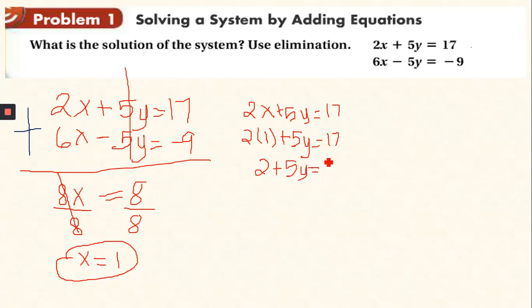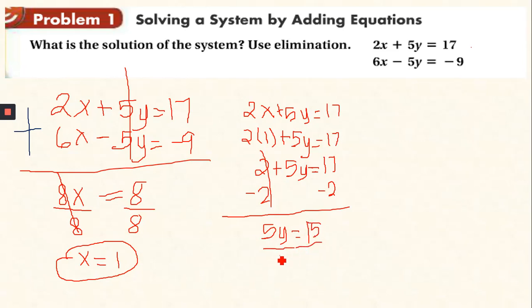Okay? Get the opposite of positive 2, and that is negative 2. You're going to write negative 2 on both sides of the equation. Positive 2 plus negative 2, that will be 0. So you now have 5y equals 17 minus 2, that is equal to 15.